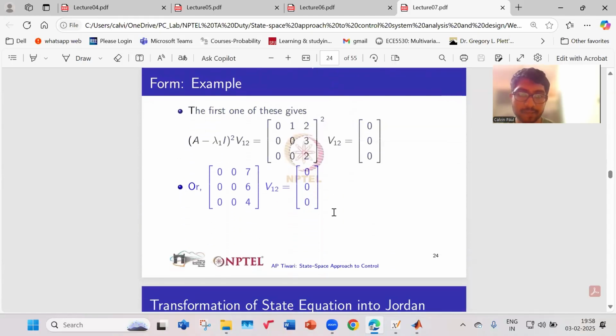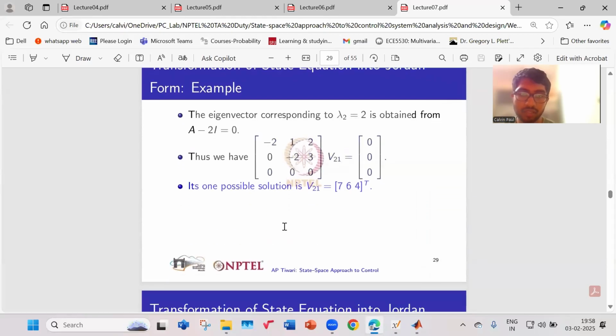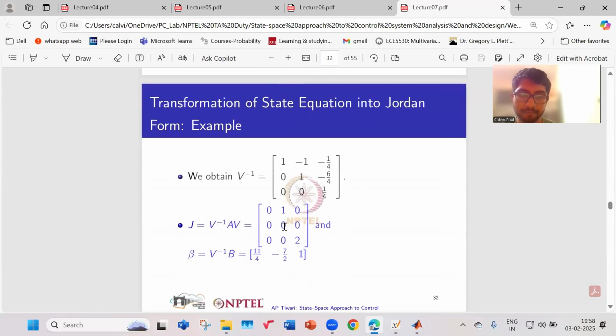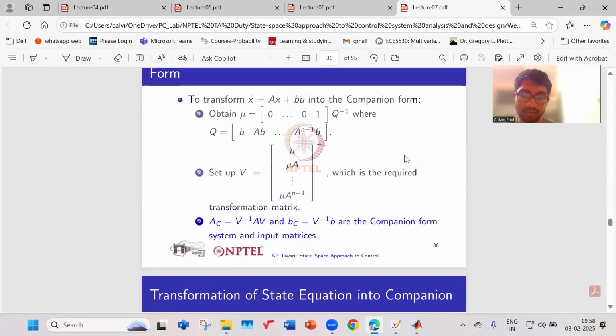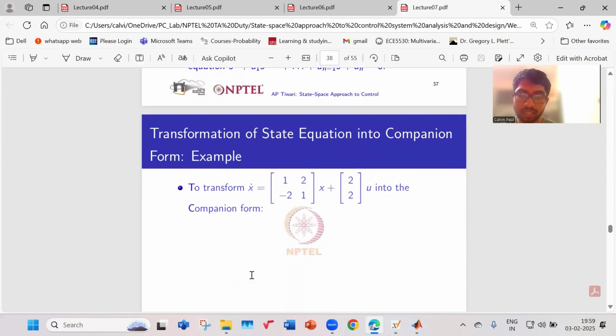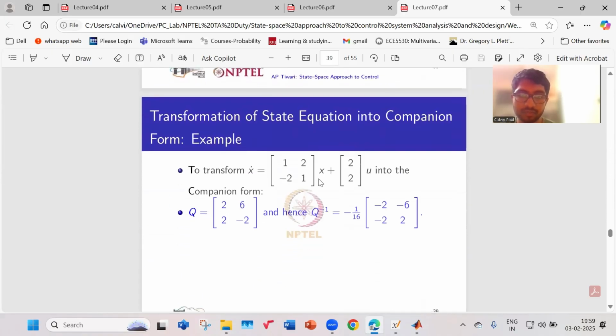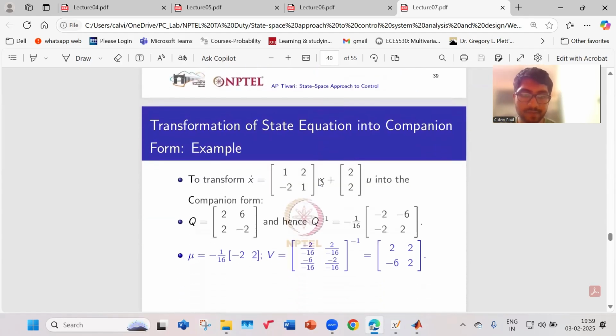Similarly, Sir has also shown how to transform the state equation into companion form. There's a ready-made procedure which you can use to get the values.